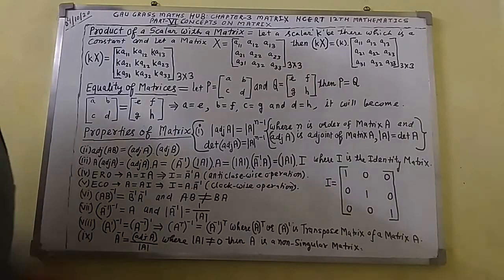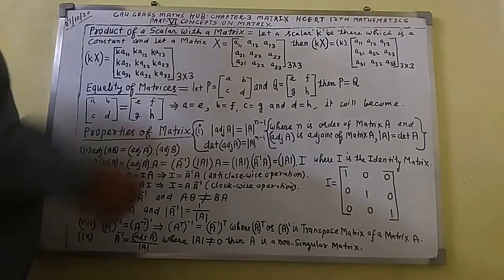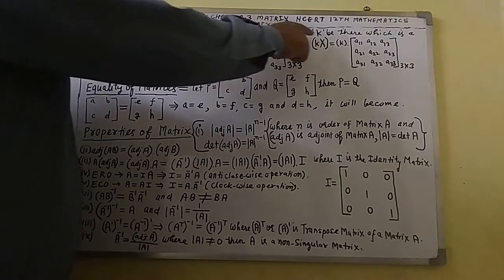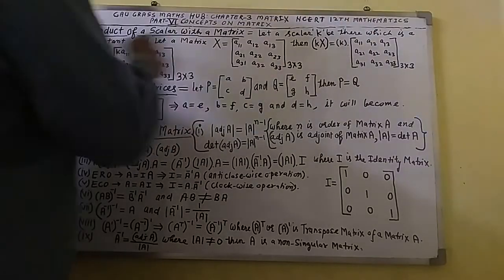The concept is the product of a scalar with a matrix. Let a scalar small k be a constant.